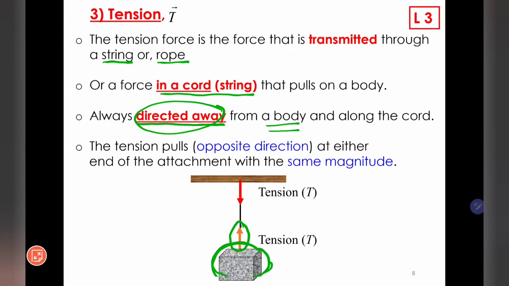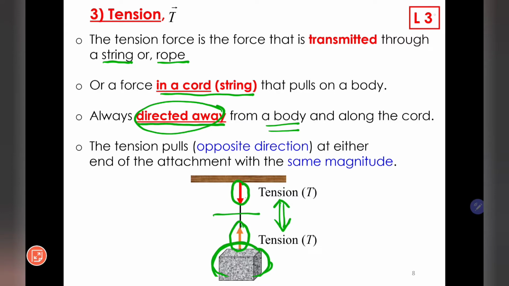And then the tension pulls in the opposite direction at either end of the attachment with the same magnitude. So here we still have tension, but it must be in the opposite direction of the original tension before, where the magnitudes of these two tensions are equal to each other.